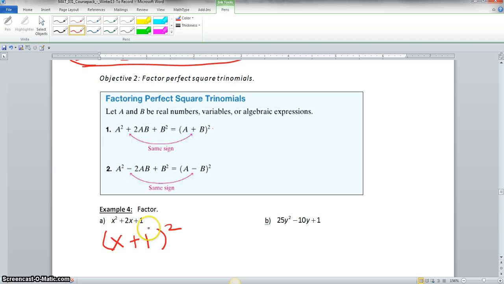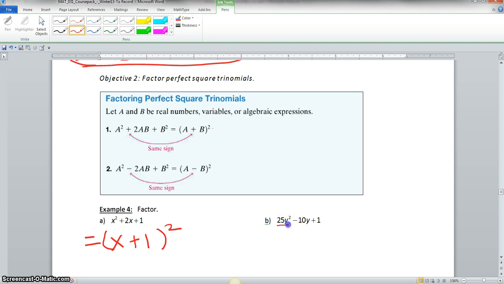Now this is a special case because remember, if we take this first term times this second term, that's 1 times 1, and then we would have to multiply that by 2 because those are the coefficients. So this is x plus 1 squared, and you could also determine that by multiplying x plus 1 times x plus 1.